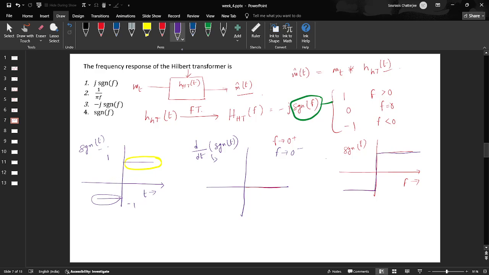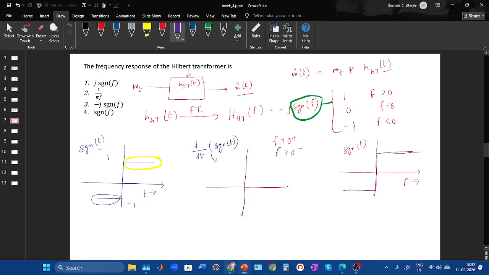You see at 0 minus it has a value of -1, and at 0 plus it has a value of 1. So you can see a shift of 2, and that happens immediately. So that derivative actually is not smooth. Let's see whether you agree with this or not.